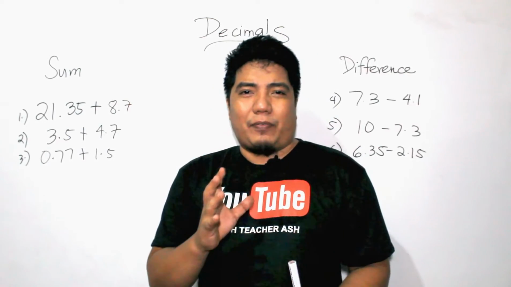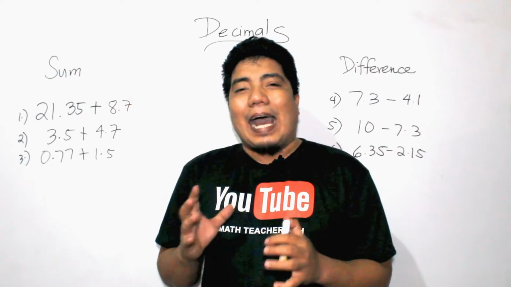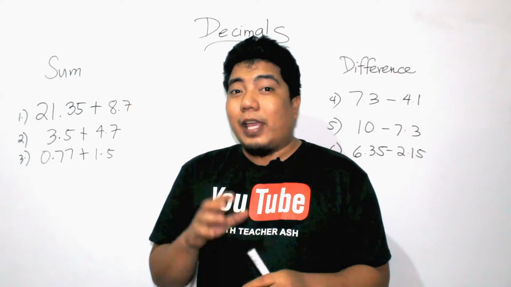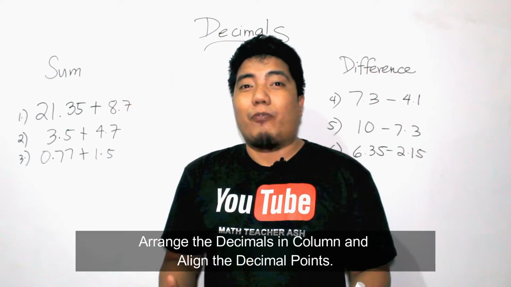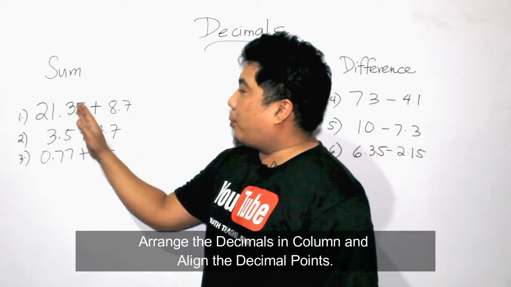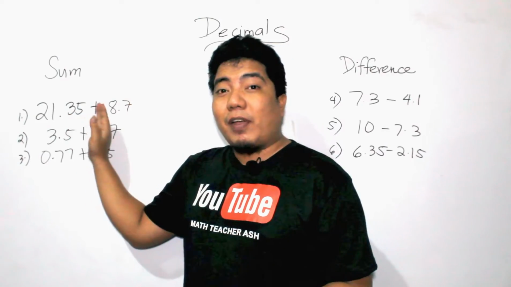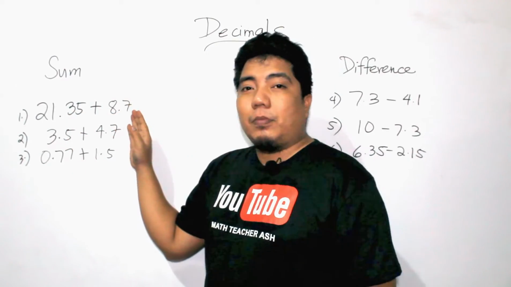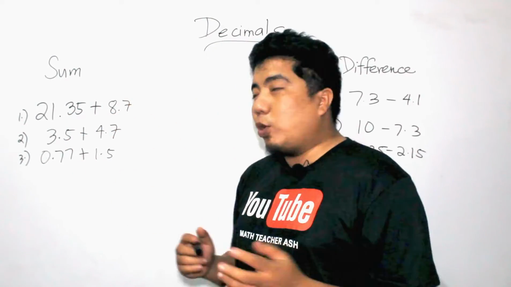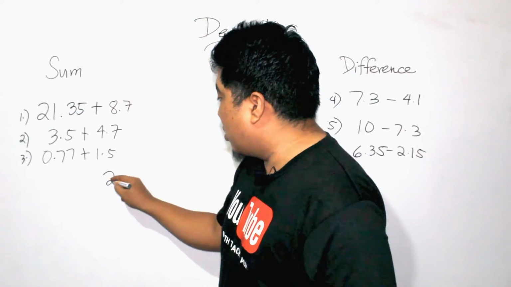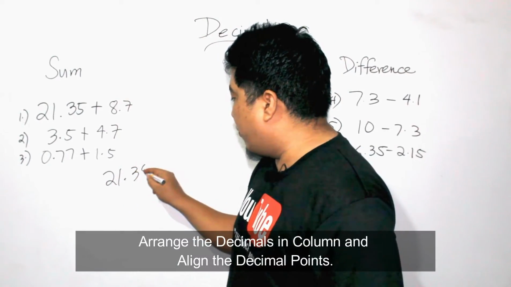The very safe or the safest way in adding or subtracting decimals is to arrange them in a column form. We have here 21.35 plus 8.7 or 21 and 35 hundredths plus 8 and 7/10. How do we do that? What we will do is we just write it in a column form.